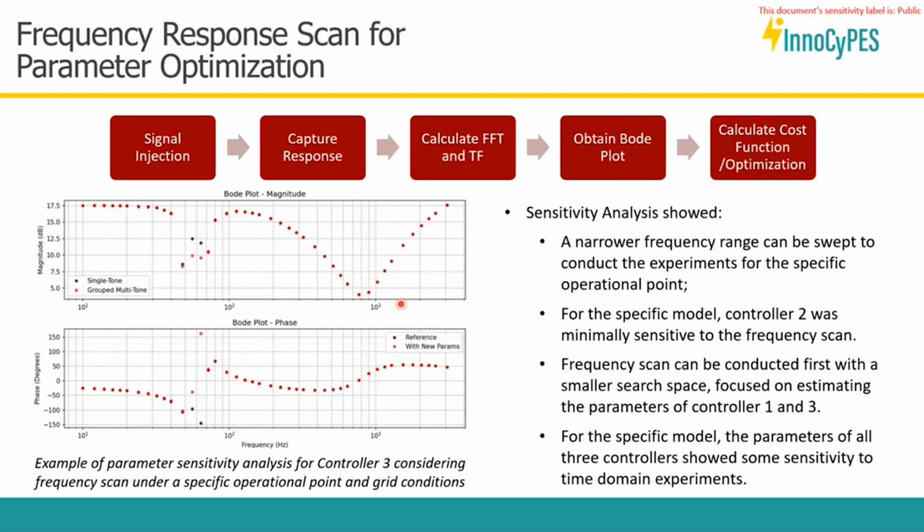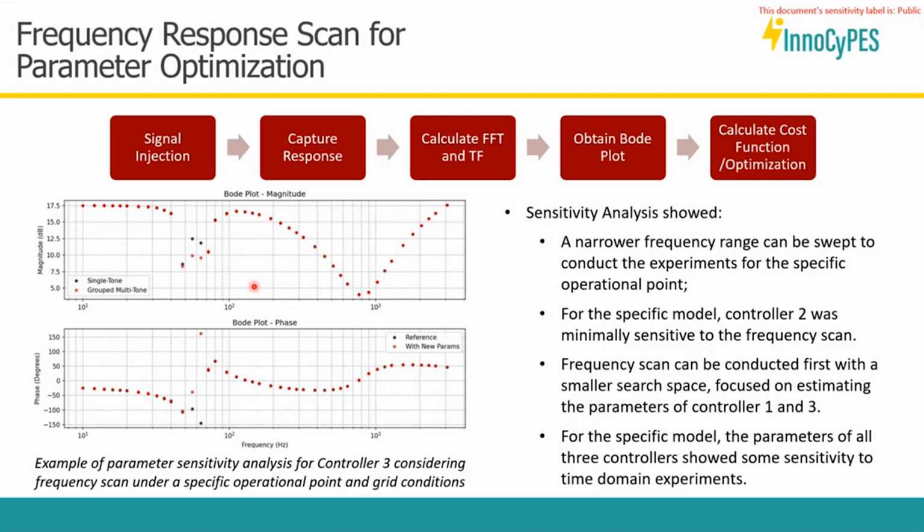By looking here, we saw that we can narrow this frequency scan, and we don't need to do the frequency scan for the whole spectrum. Let's focus on the parameters that are actually sensitive. For the specific model, controller 2 was minimally sensitive to the frequency scan, so we just removed it.